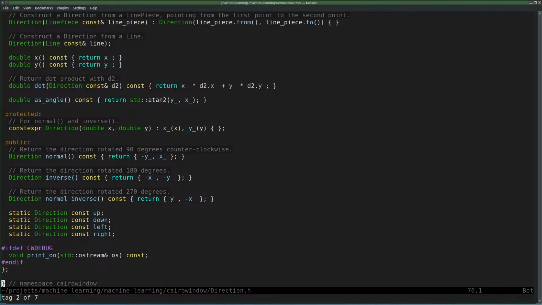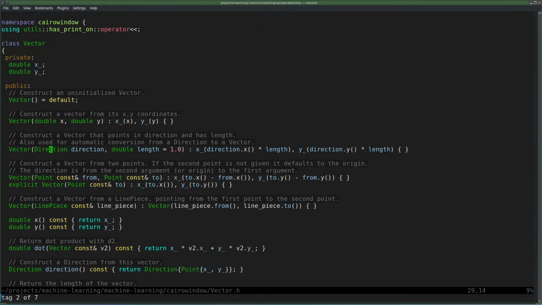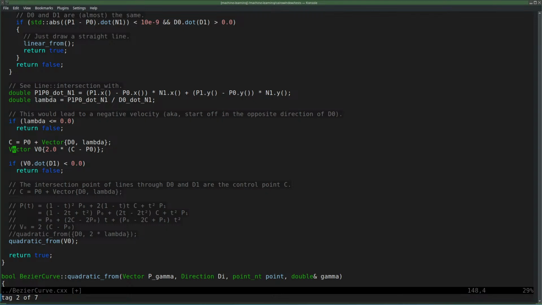Or not. No, direction doesn't know anything about vectors apparently. But okay, I think it should work this way.